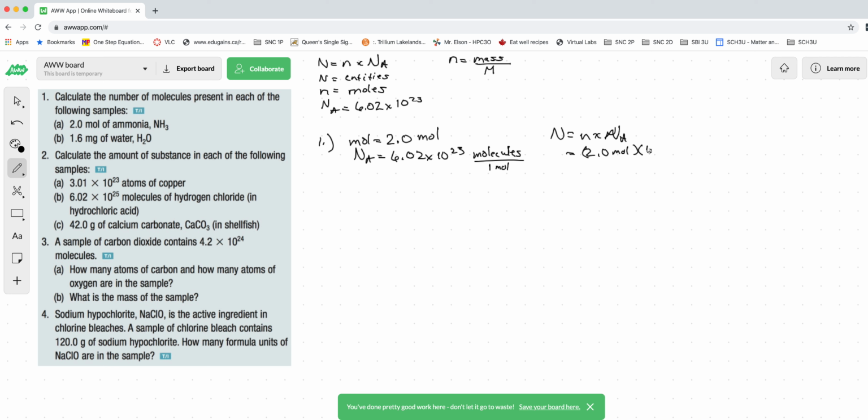Multiply, to get molecules on their own, because there are that many molecules in 1 mole. So again, you're dividing out for unit analysis.